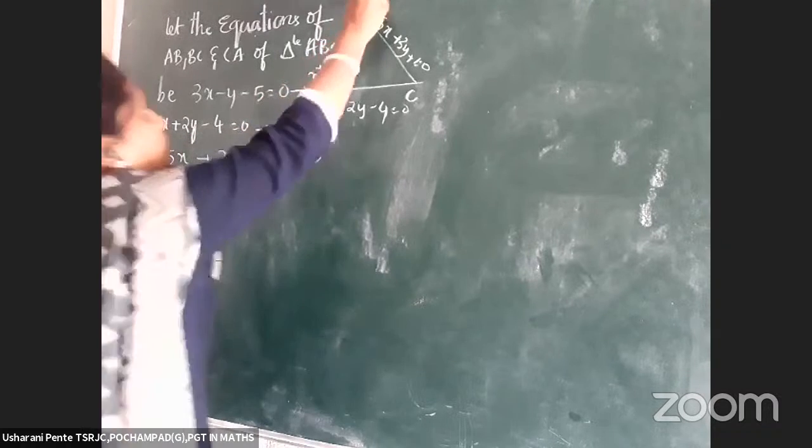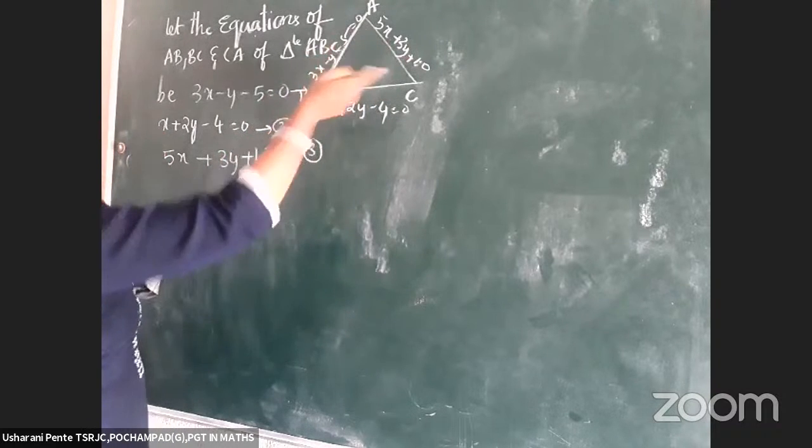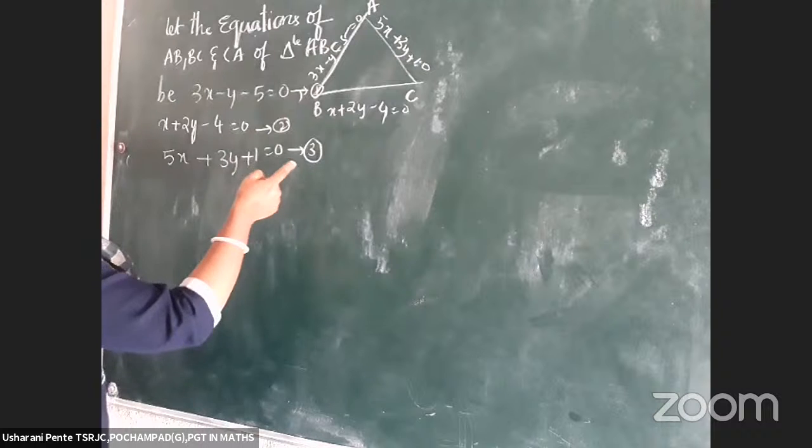To get the vertex A, which equations do we need to solve? We need to solve equation 1 and equation 3.